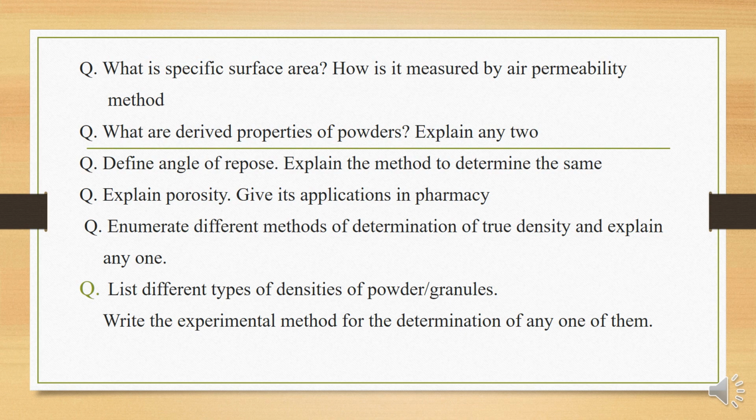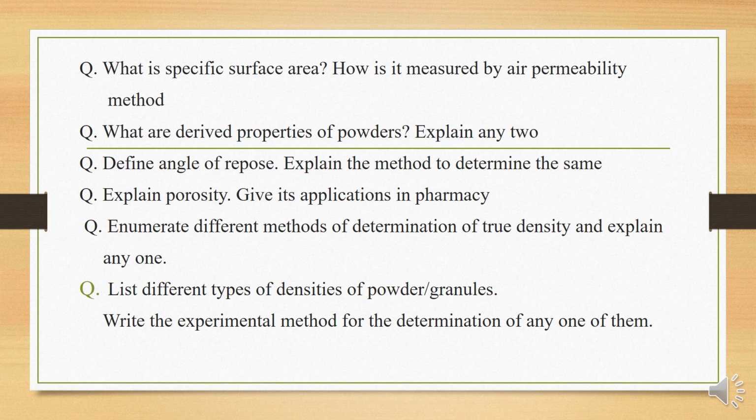The second part is how we can measure it by the air permeability method. For determining this we can use the air permeability method, which is a very simple method and we can get the value very easily. Normally we use it to estimate the surface diameter d_s, and we can find out batch to batch variation by this method.